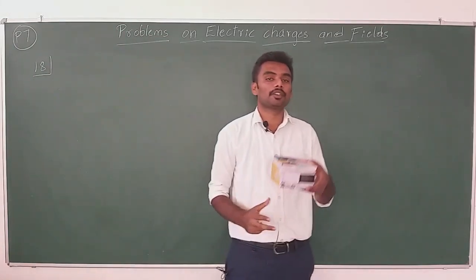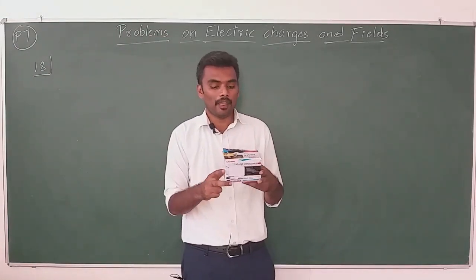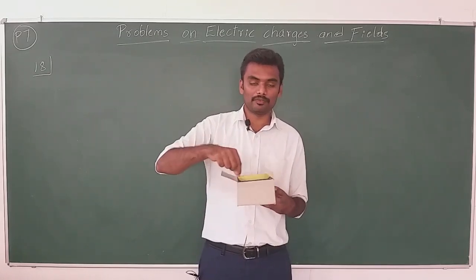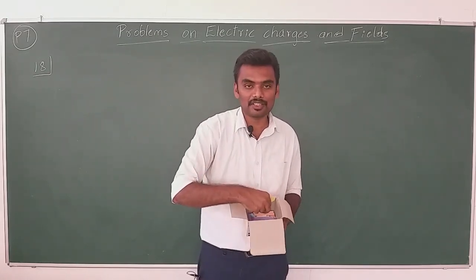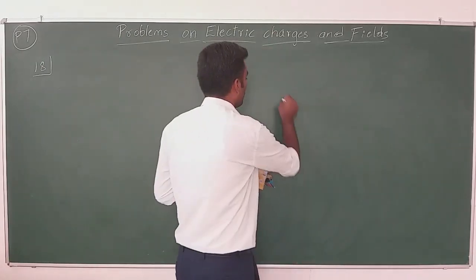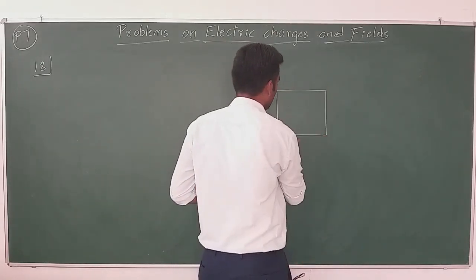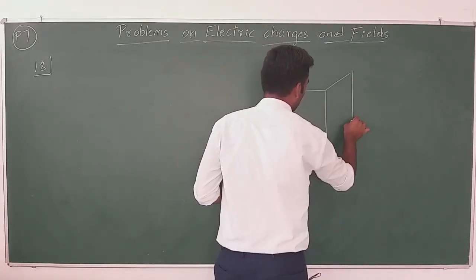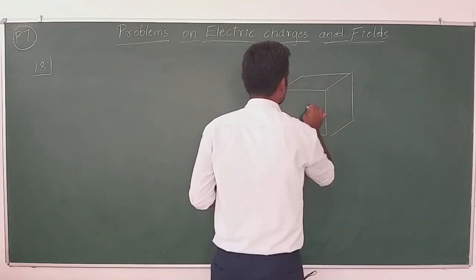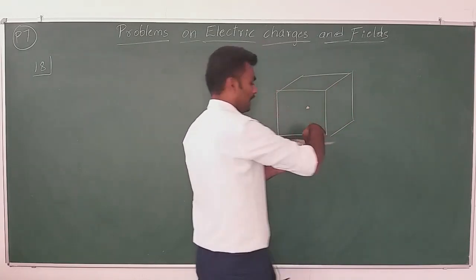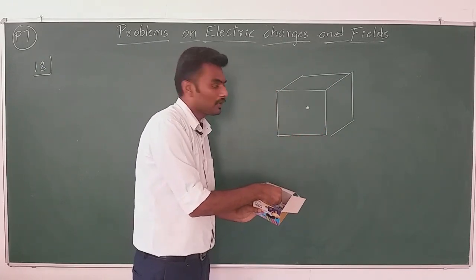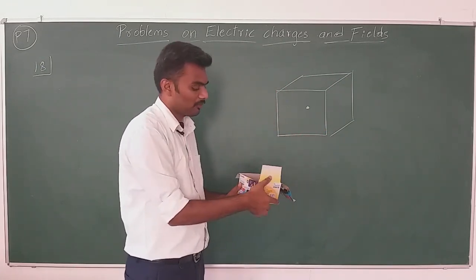We have a cubical surface, and inside this cubical surface we have a charge kept. I'll try to draw it in 3D. So this is where the charge is kept, at the center of the given cube. So cube is the shape.